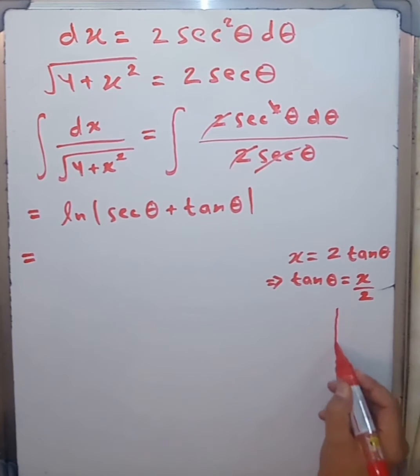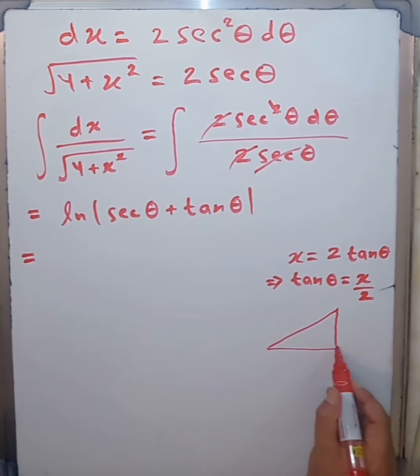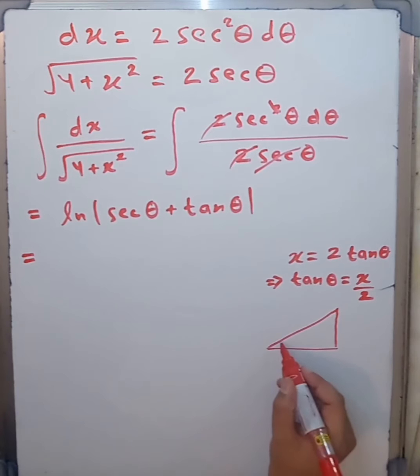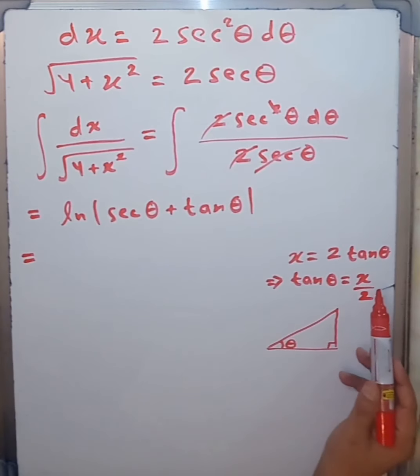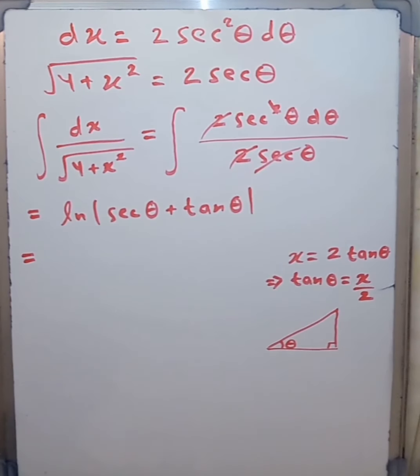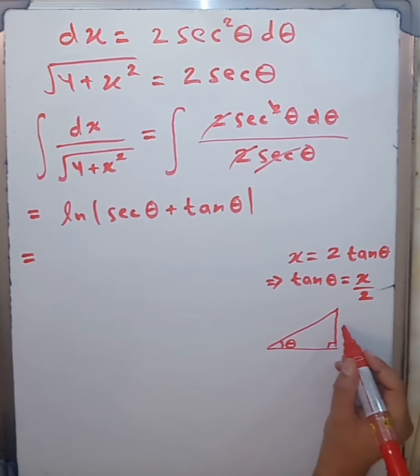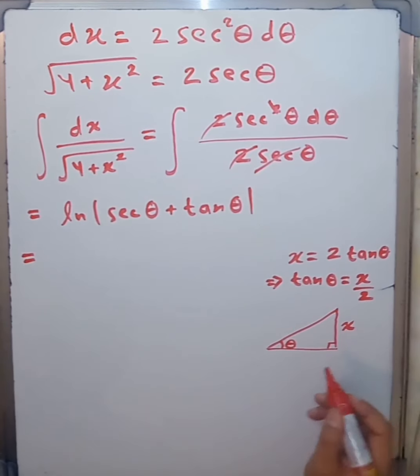Let us draw a right angle triangle using our basic knowledge of trigonometry. Suppose this is theta and this is our right angle, and tan theta is equal to x over 2, and we know that tan theta means opposite side divided by the adjacent side. It means the opposite side will be equal to x and the adjacent side will be equal to 2.